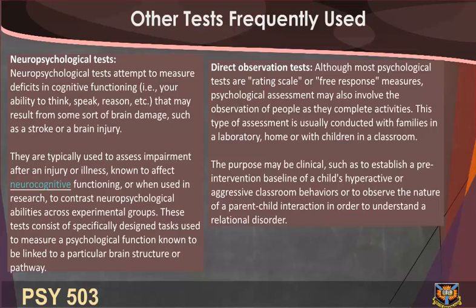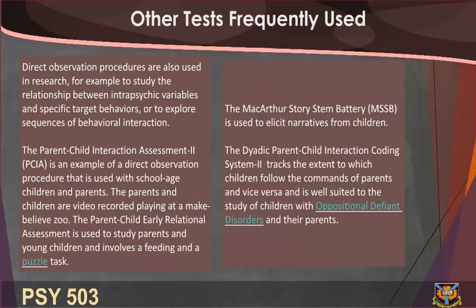The purpose may be clinical, such as to establish a pre-intervention baseline of a child's hyperactive or aggressive classroom behaviors, or to observe the nature of a parent-child interaction in order to understand a relational disorder. Direct observation procedures are also used in research, for example, to study the relationship between intrapsychic variables and specific target behaviors, or to explore sequences of behavioral interaction.